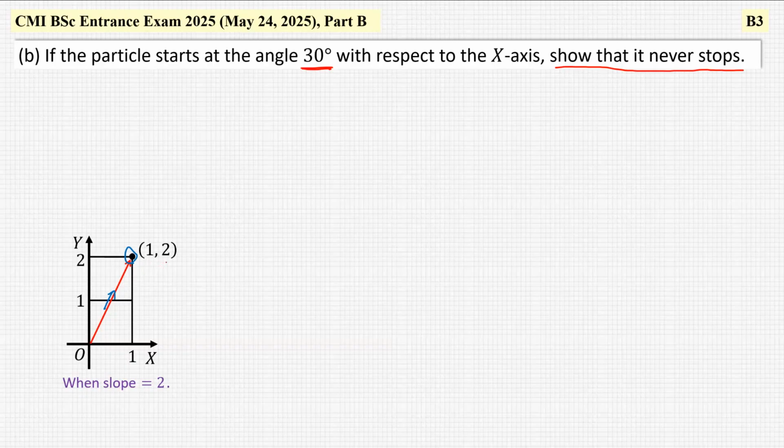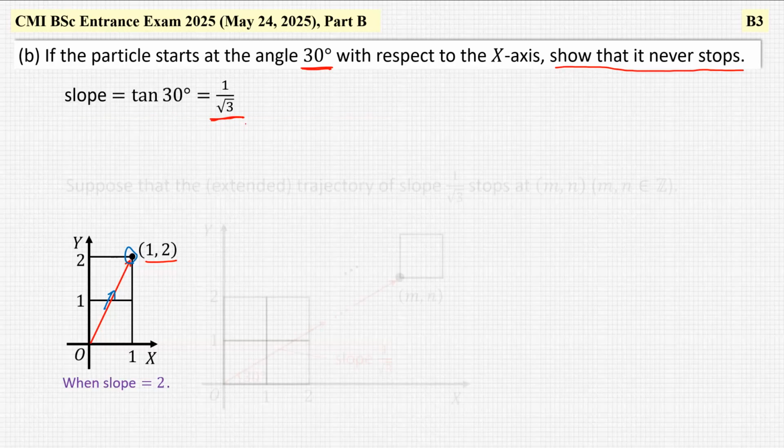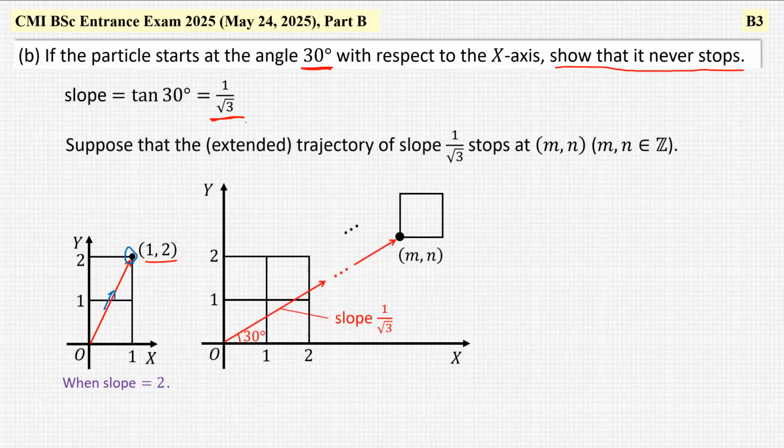For example, the particle reaches the lattice point 1, 2 if the slope is 2. In our case, the slope of the trajectory is tangent 30 degrees, hence 1 over square root of 3. We are going to use the proof by contradiction again, meaning that we assume that the trajectory with slope 1 over square root of 3 stops at some lattice point m, n, where m and n are integers.